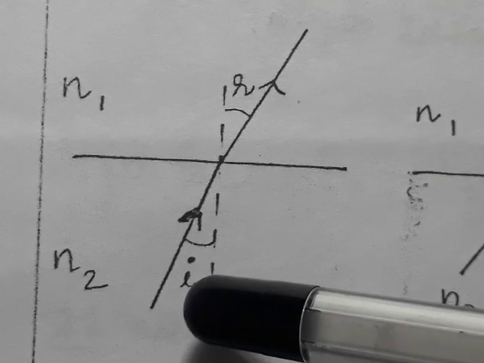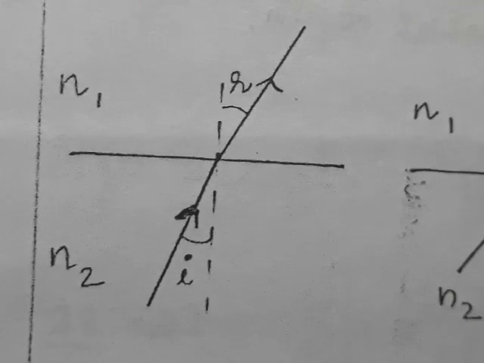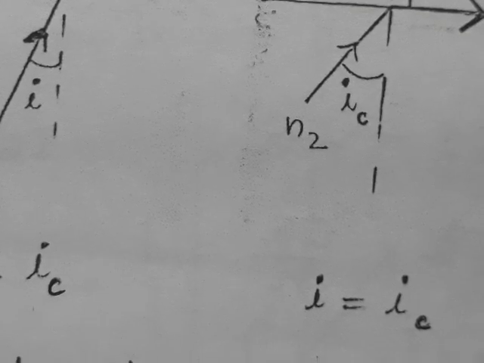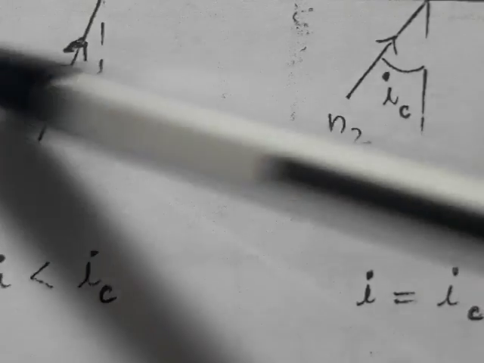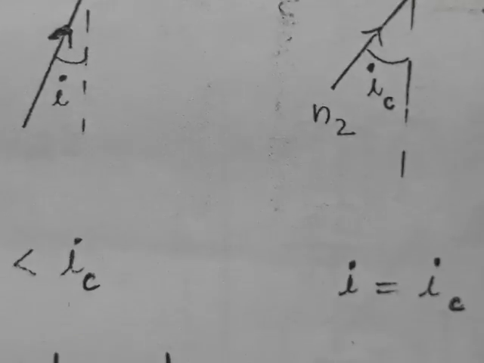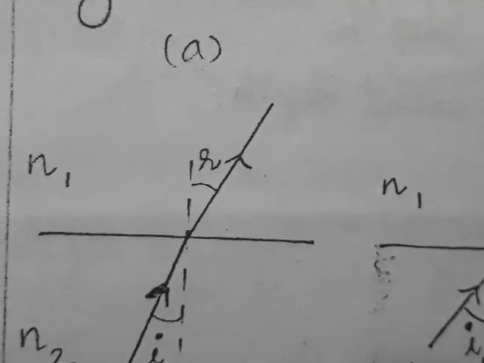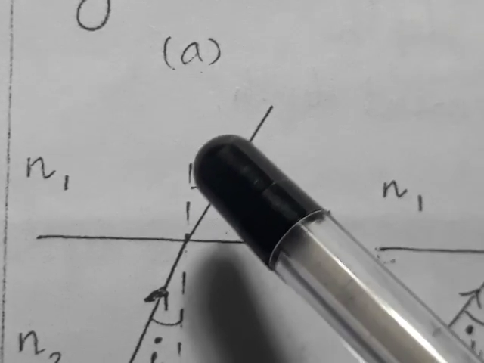Now if you increase this angle of incidence, if light comes at a greater angle like this, here you can see this angle I is greater than this angle I. In that case light bends more, and the angle of refraction also increases.